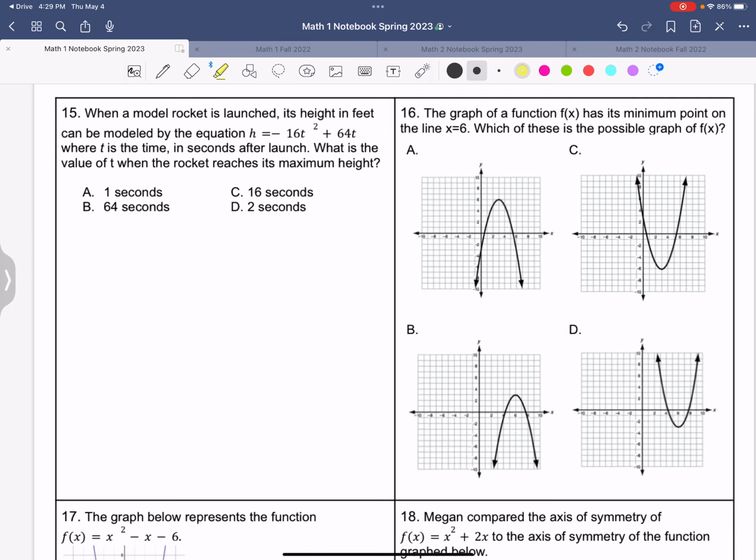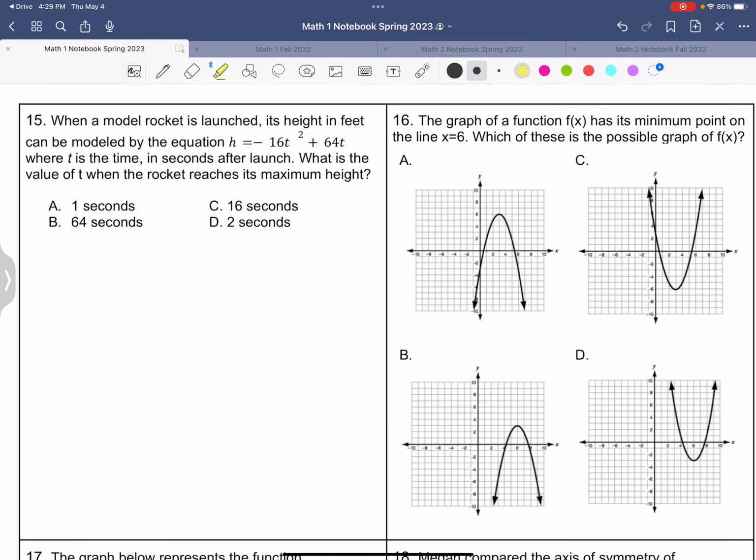All right, next page. 15. What is the value of t when the model rocket reaches the maximum? So it's asking about the t or the x value of the vertex, because the maximum is at the vertex.